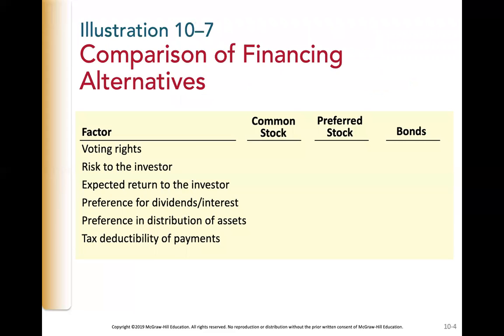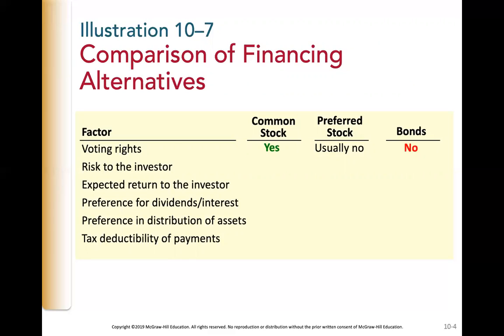So these are some comparisons of financing alternatives, and I'm not going to talk too much about bonds because we skipped chapter 9. The biggest thing to understand is that preferred stockholders do not have voting rights. In order to get those preferences in dividends and preferences in the distribution of assets, they're giving up their right for voting.